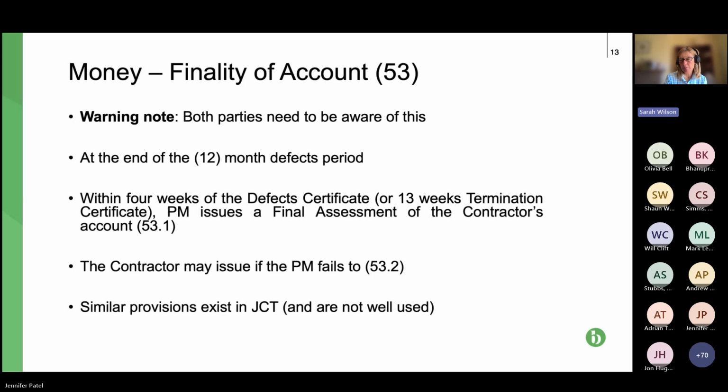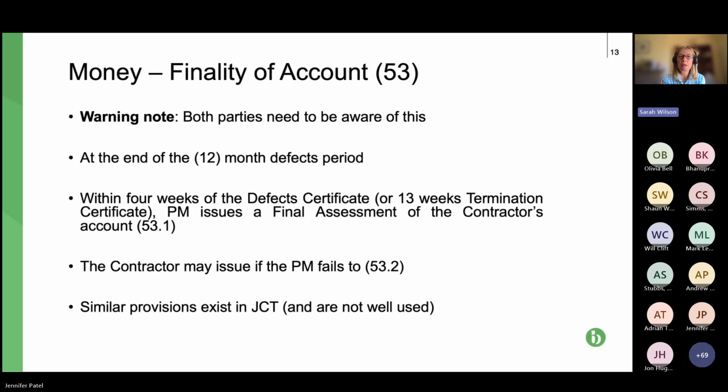And it's got to be issued within 4 weeks of the defects certificate. It's different with termination. With termination, it's 13 weeks of the termination certificate. Then it obviously is sent to the contractor. If the project manager doesn't issue it within that timescale, then the contractor can issue it.